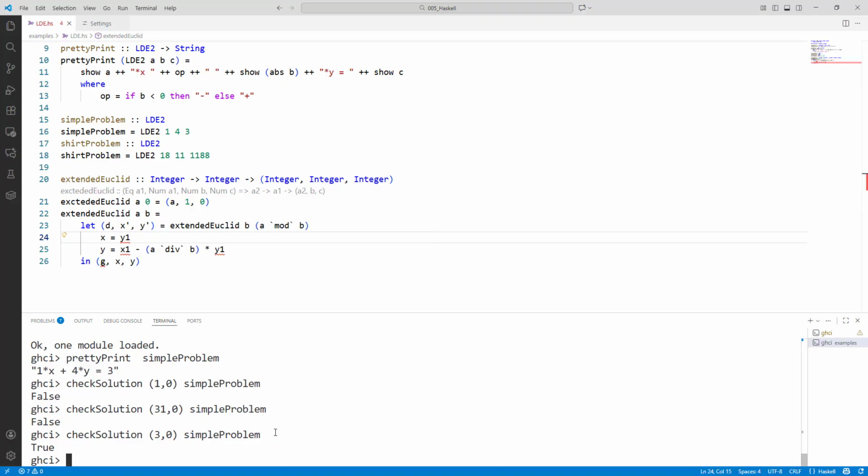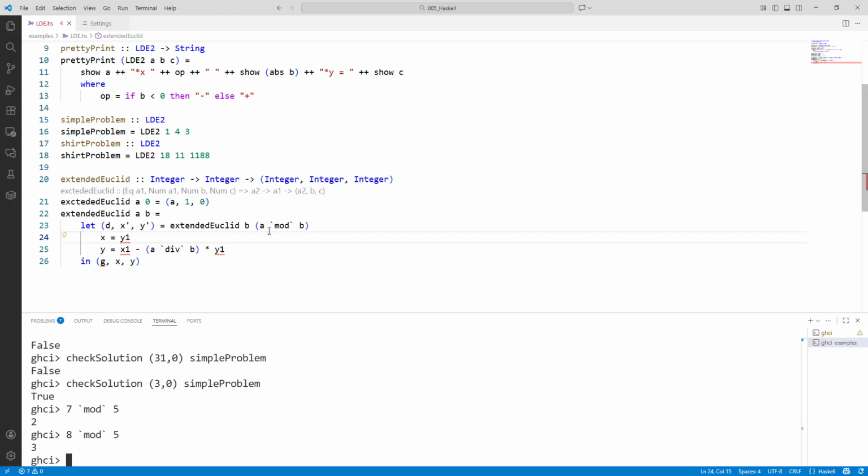I'm just going to show it here. For example, 7 mod 5 gives 2. So 7 divided by 5 is 1, and 2 is the remainder. If we say 8 mod 5, it would be 3. So you got the idea of the mod.